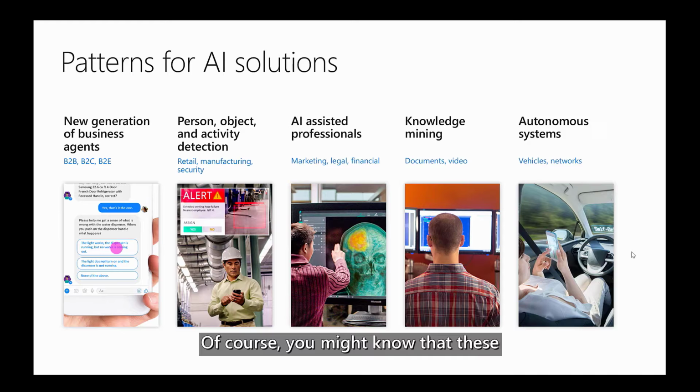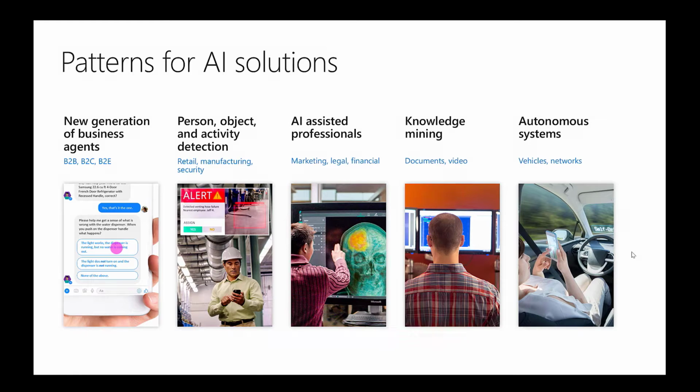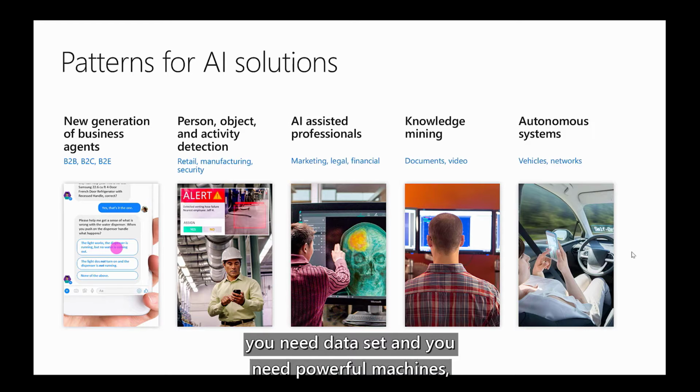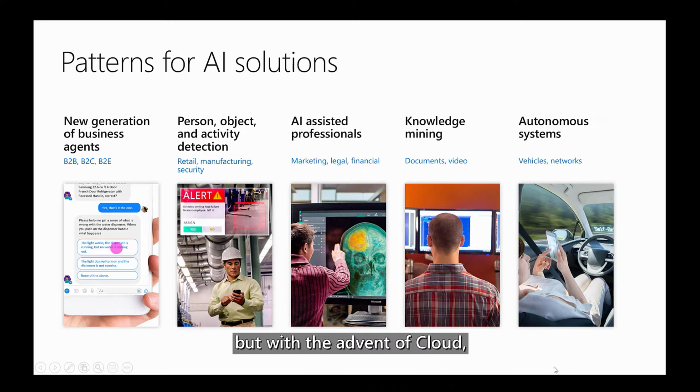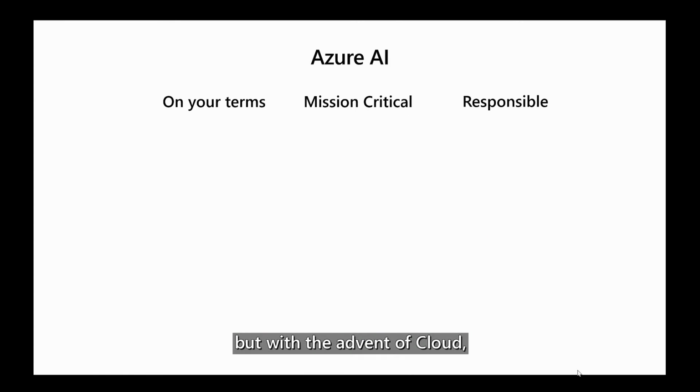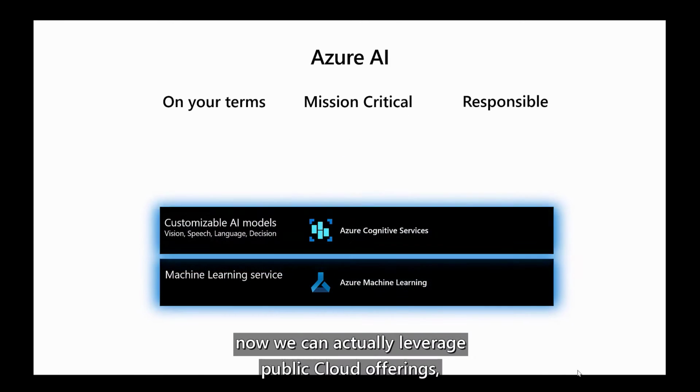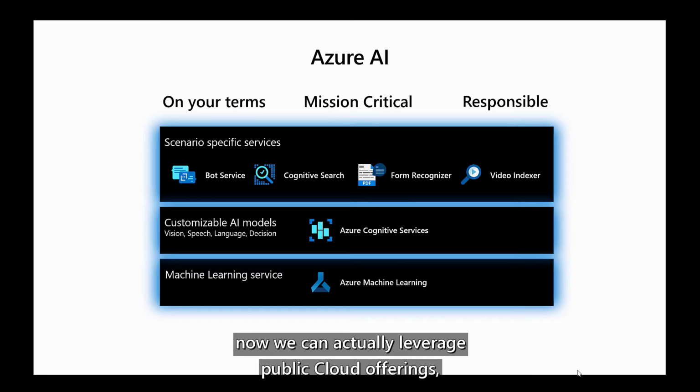And of course, you might know that these are used in self-driving cars, so basically autonomous driving. To create these AI models, you need data sets and powerful machines. But with the advent of cloud, now you can leverage public cloud offerings like Azure and use some of the out of the box models.